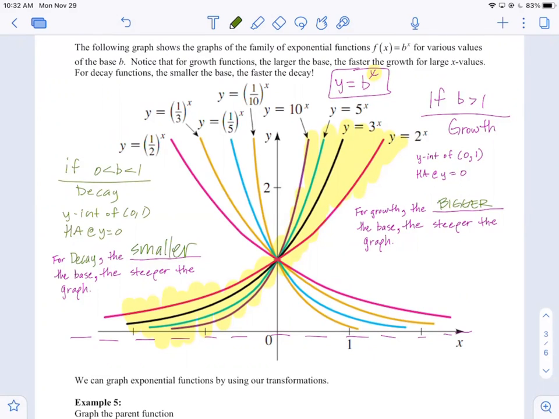And that kind of makes sense if you think about what those two graphs, 10 to the x and 1/10 to the x, how they're related to each other, or 5 to the x and 1/5 to the x. Do they have any kind of symmetry here? Y-axis symmetry, very good.